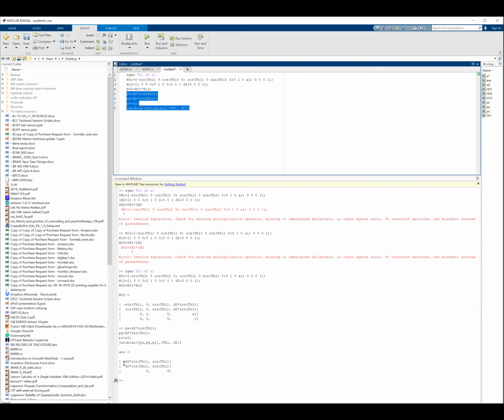As you can see, MATLAB gave us the Jacobian, and this can be used in our further calculations. Now I'm going to shift to my iPad, but before that, I want to make sure that everybody was able to get the Jacobian.